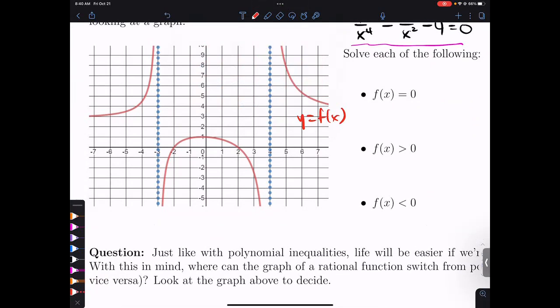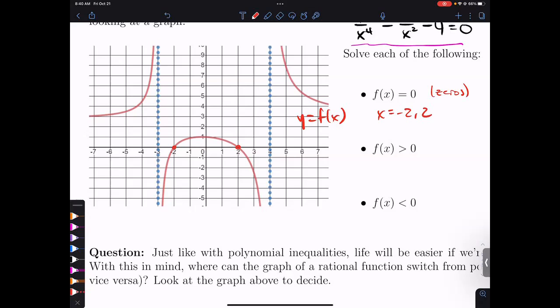Okay, so where does this have x-intercepts? -2 and 2. Right, that's just finding its zeros or its x-intercepts.